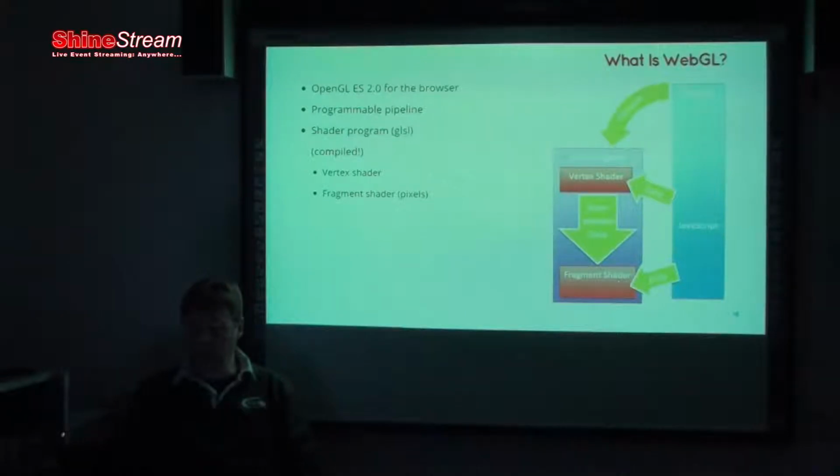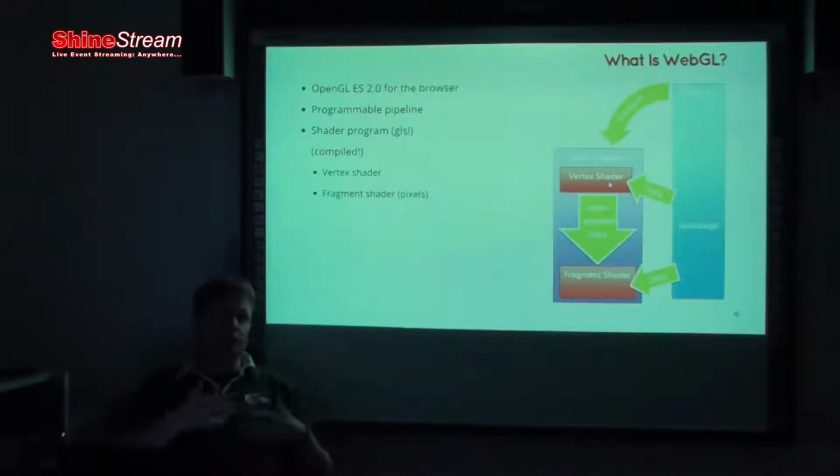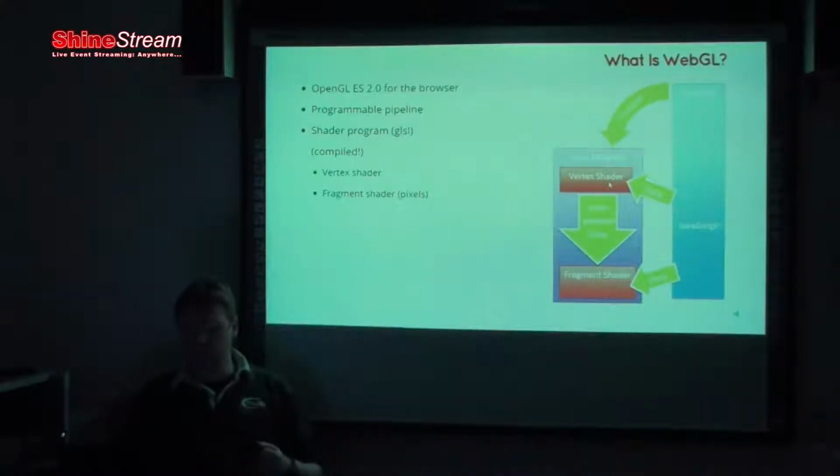So the data you would send to the fragment shader might well be things like textures or colours that you want to actually implement, or possibly the position of a light. But you can pass data to either of those two shaders depending on the amount of processing you're happy to do on your device.